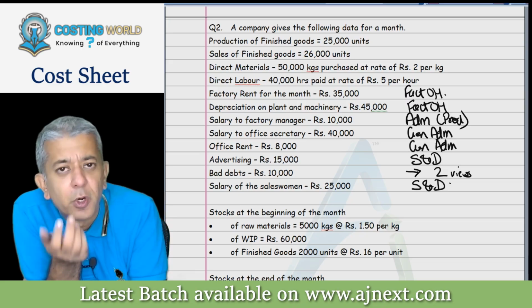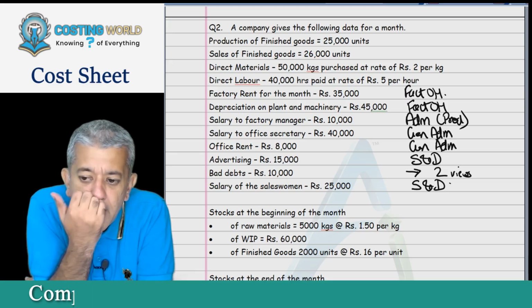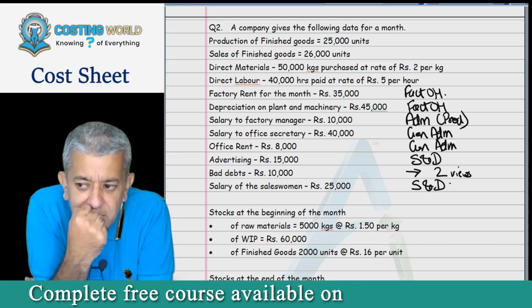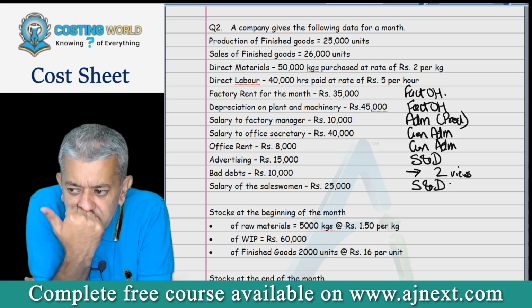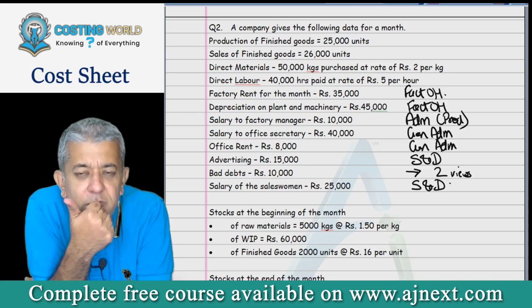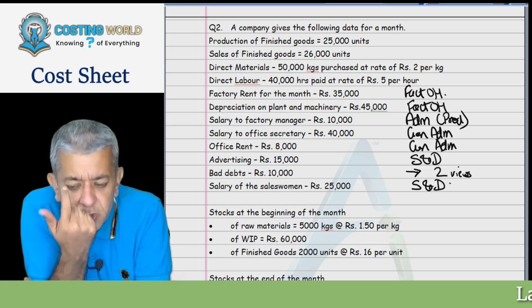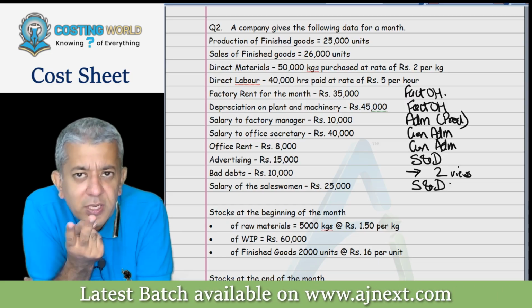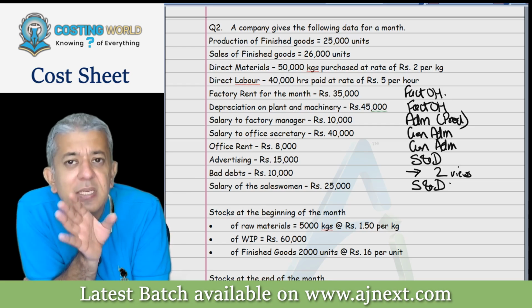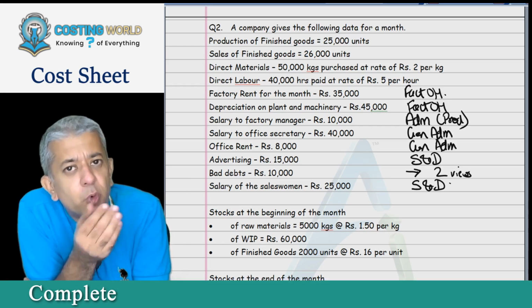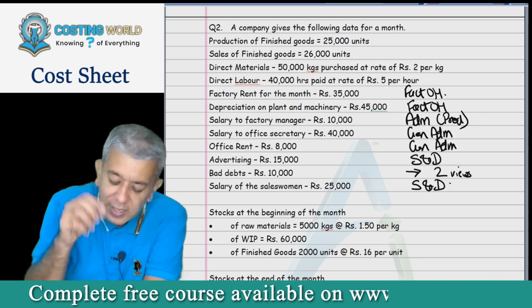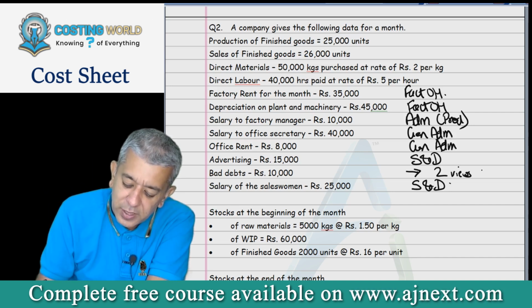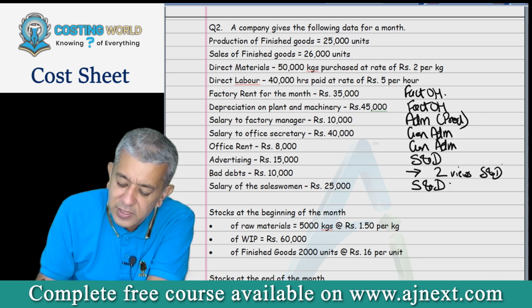Those people who did not pay, we incurred bad debts. So I'm trying to link it back. Why did bad debts happen? Bad debts happen because we sold the goods on credit. Why did we sell the goods on credit? Because we wanted to increase our sales. So therefore, bad debts is ultimately an expense to promote your sales. If you think like this, then bad debts in this particular case will be nothing but S&D. But this is one view.